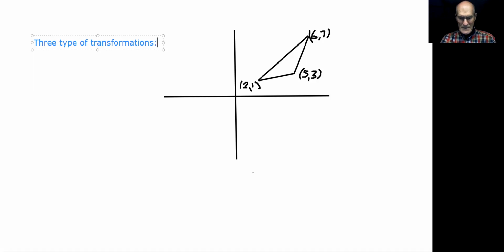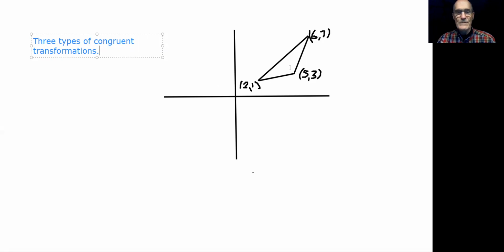The first one is, and these are what are called congruent transformations, because when you do these transformations, the shape and size of the original figure is maintained.